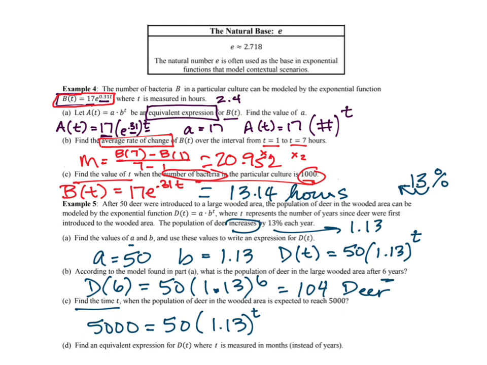And again, we're going to have to solve, but this time I'm not in base E. So everybody pay attention. I'm not in base E, so I'm going to have to use a log instead of the natural log.